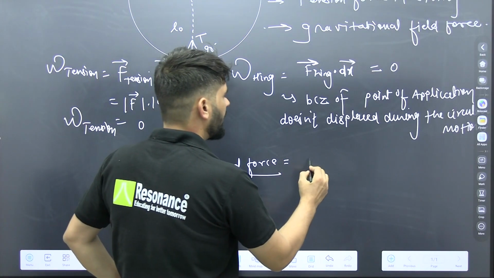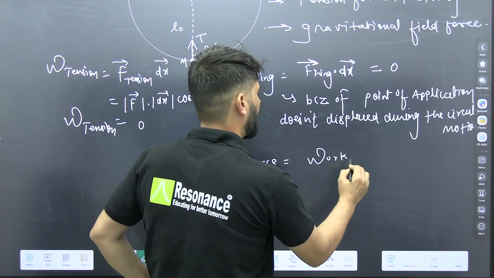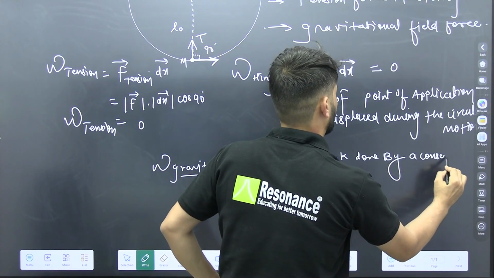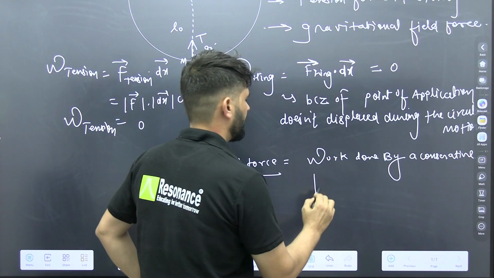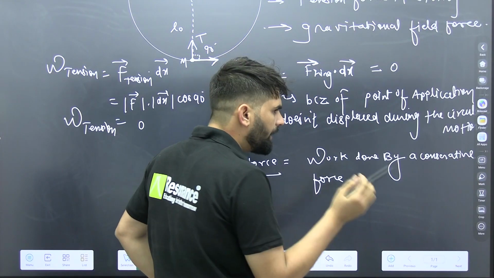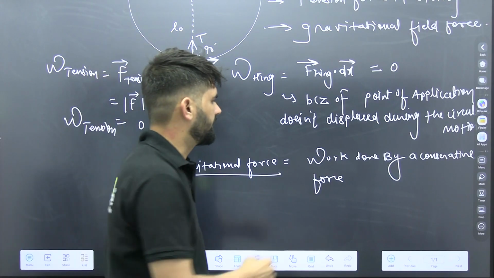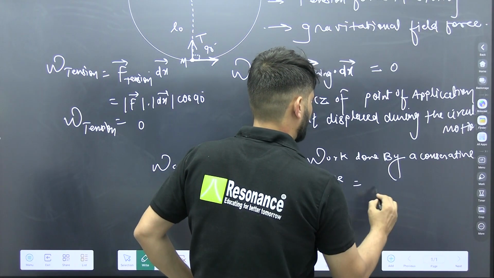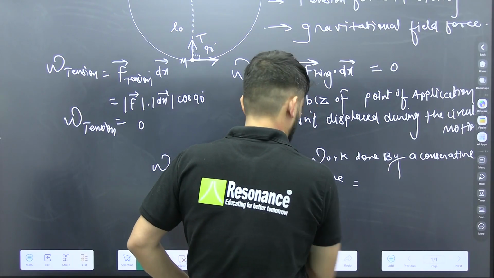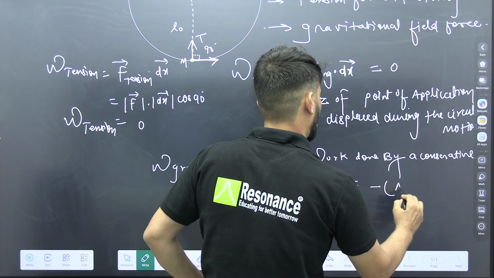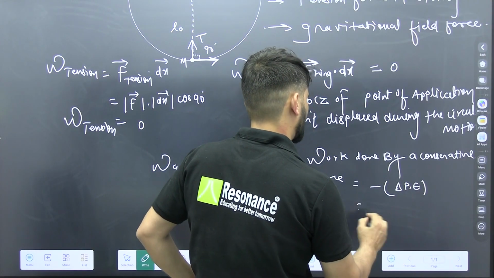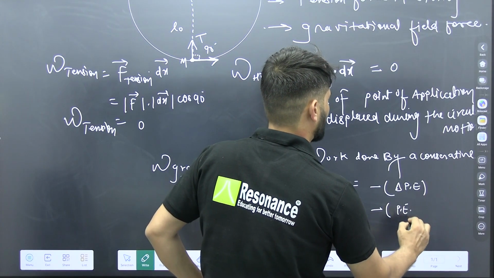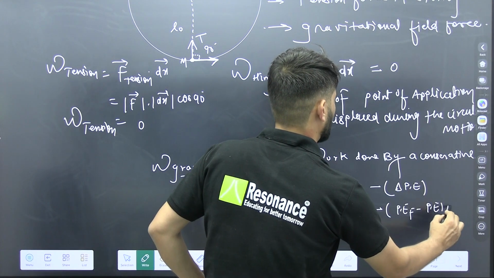So the work done by a conservative force is the negative of the change in potential energy, which is equal to minus of potential energy final minus potential energy initial.